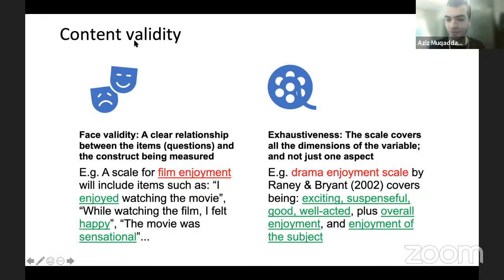That's an actual scale developed by two scholars, Rani and Bryant. The items would be: did you think the clip was exciting, suspenseful, good, well acted, did you overall enjoy it, and did you enjoy the subject matter?